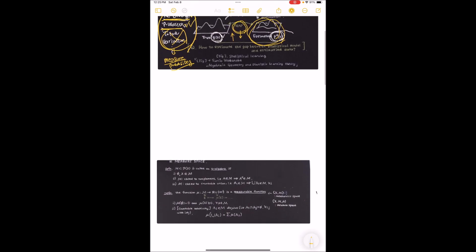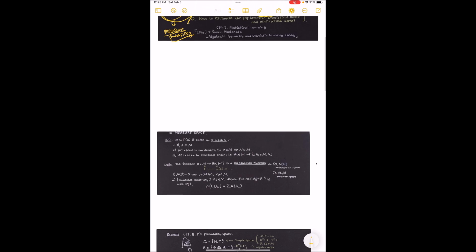The first step is to understand what a measure space is. Let X be a given set. We can define a sigma algebra: the empty set and the whole set are contained in M, and M is closed under complement and closed under countable union.